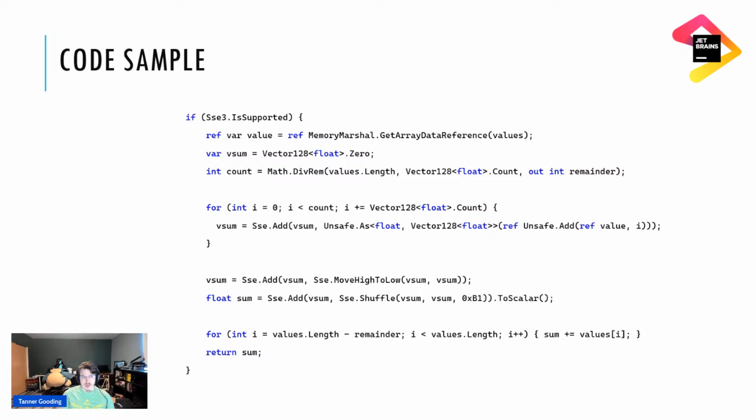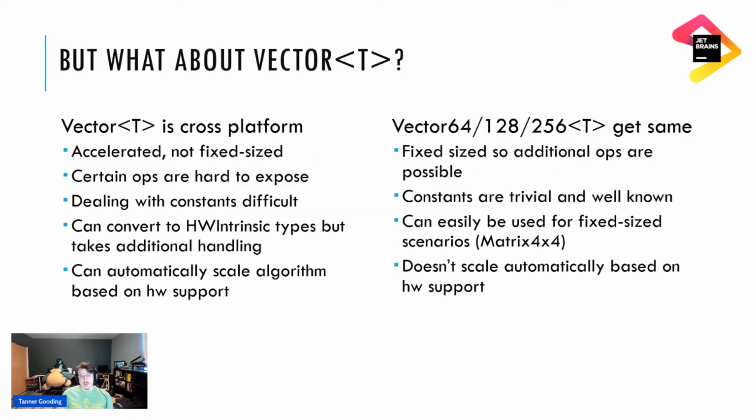Now, you could use Vector T because it's cross-platform, and it's accelerated but not fixed size. But this also comes with some downsides, like there are certain operations that are hard to expose. Dealing with constants is incredibly difficult. You can convert to hardware intrinsics to fill in some of the gaps, but it takes much additional handling.